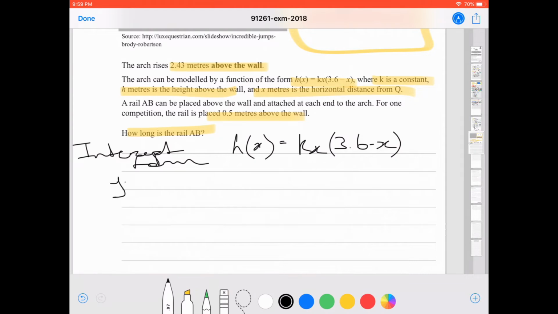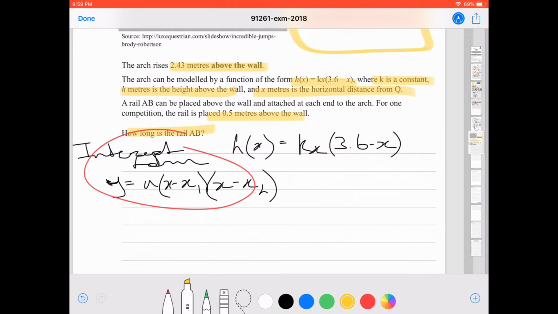I didn't really learn it when I did level 2. But apparently the theoretical version of intercept form is y equals a times x minus x1 times x minus x2. Okay, that's intercept form. And so that's what we're working with up here.